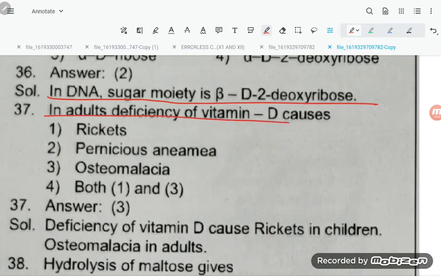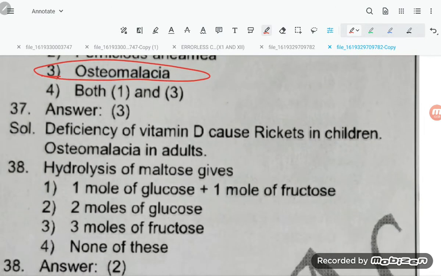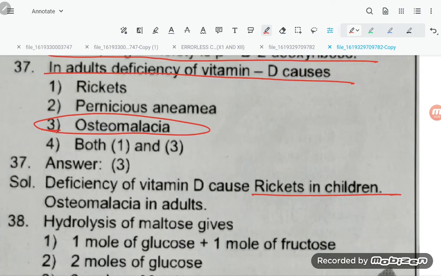In adults, deficiency of vitamin D causes osteomalacia. Okay, deficiency of vitamin D causes rickets in children. So that is option number 1 and 3, both correct. Means the correct option, we can say, students, option number 4.